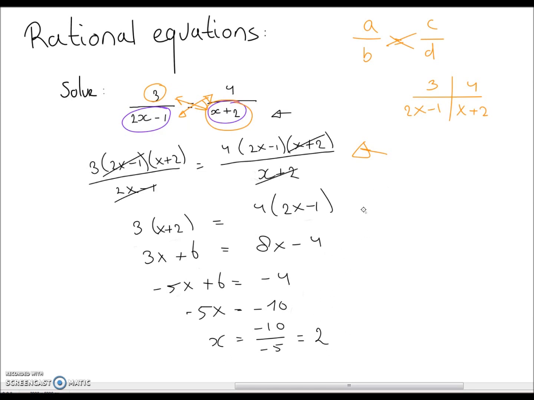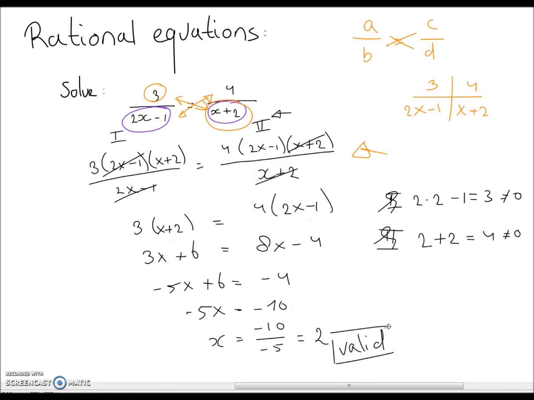In our case, the answer is 2, so first we check the first denominator. 2 times 2 minus 1 is 3, is not equal to 0. So that's okay. The other one, 2 plus 2 is 4, is also not equal to 0. So we say that our answer is valid.